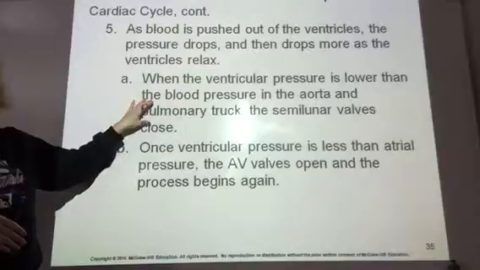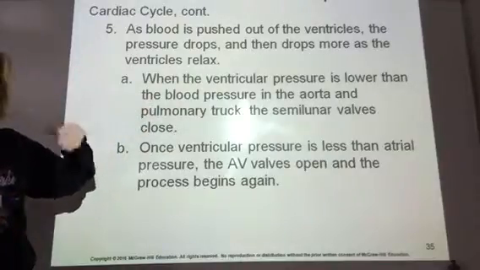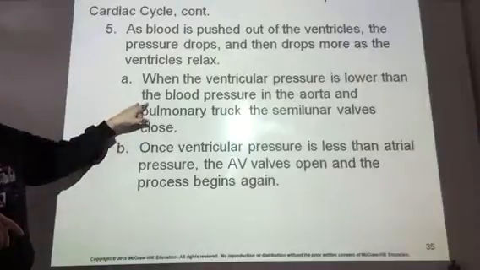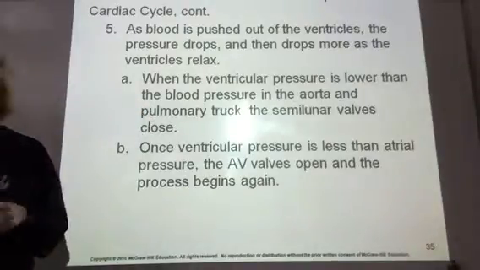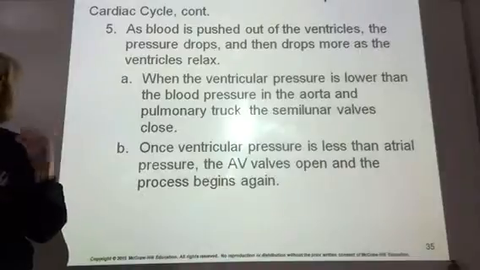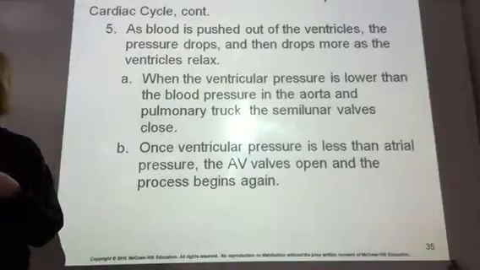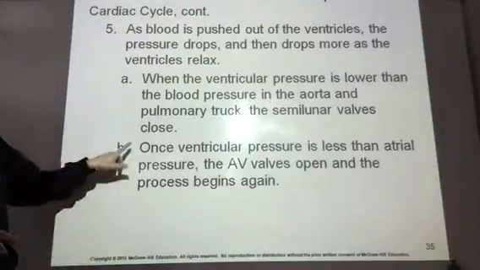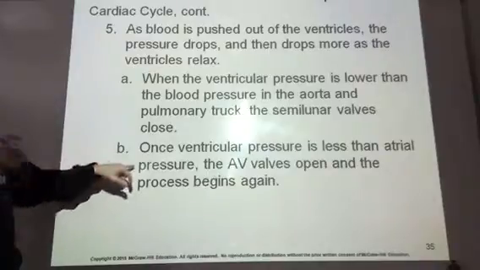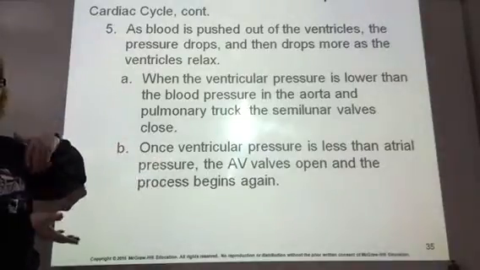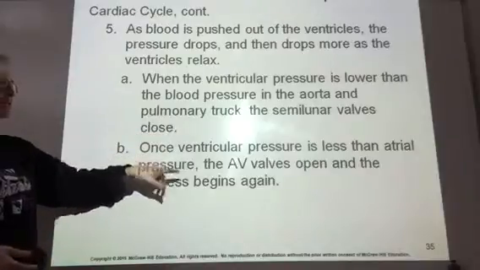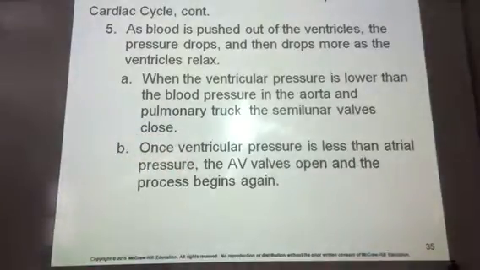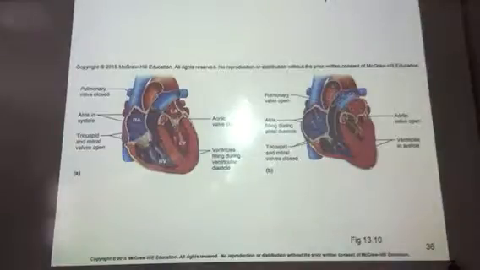So your heart valves, whether they're your AV, bicuspid, tricuspid, or your aortic and pulmonary, which are your semilunar valves, open and close based on the force and pressure of the blood in those cavities. Once the ventricle pressure is less than the atrial pressure, so the pressure on the bottom is lower and the pressure on the top is greater, the AV valves open again, and blood drops back into the ventricles. And like I said, that process goes over and over.